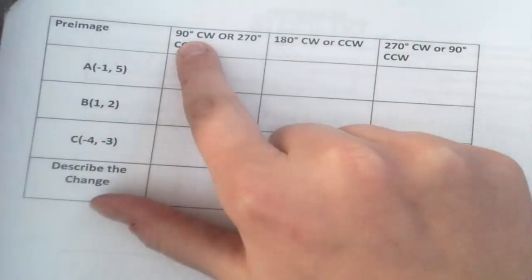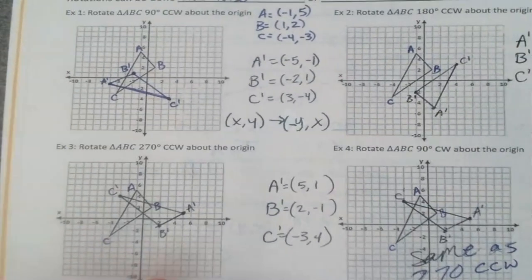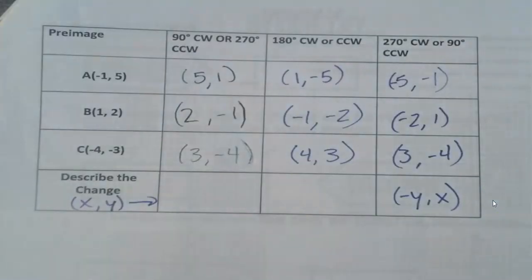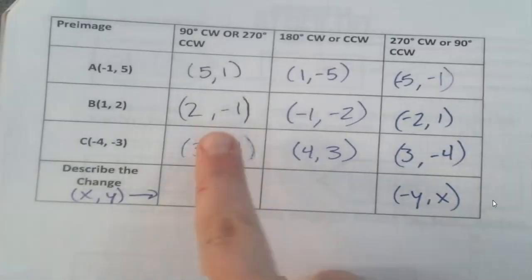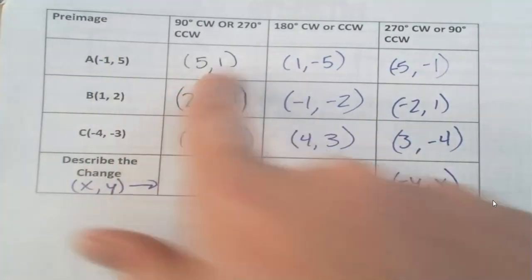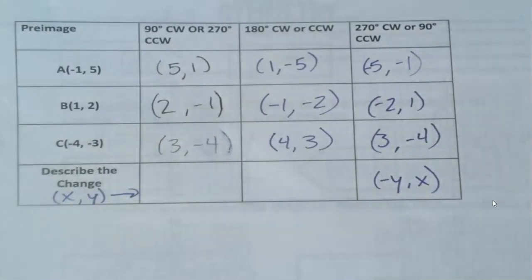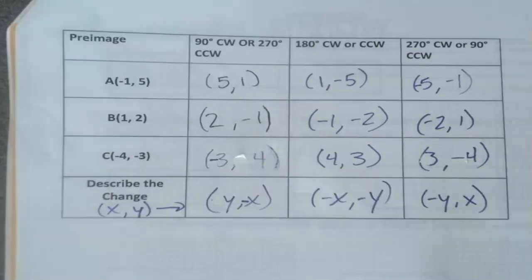So our 90 degrees clockwise or 270 counterclockwise are these points. Okay, so what I want you to do right now, I'm going to pause my screen, and I want you to figure out what is the change from the pre-image to these two. So what's happening from here to here, just like we did for this? Are we switching the X and Y? I'm going to pause my screen real quick. Okay. These are the rules on the chart.